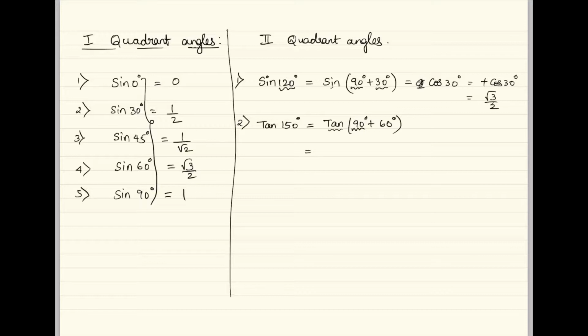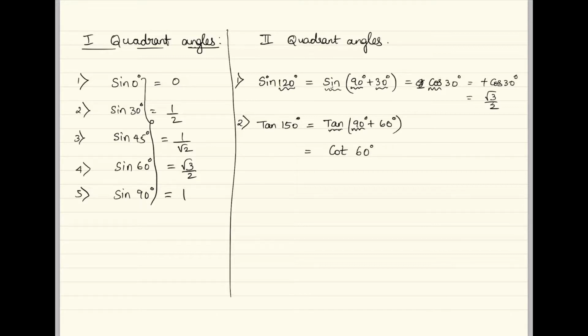Be careful here. Sine should become cos, not its reciprocal, whereas tan will become its reciprocal. Sine will not become cosecant, it's cos. Whereas tan will become its reciprocal, that is cot.